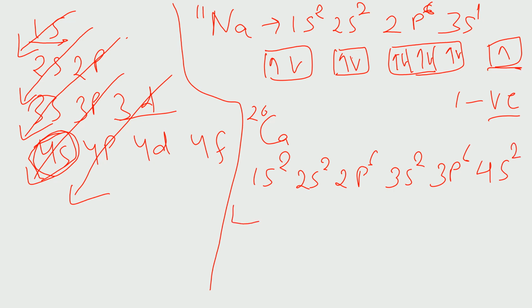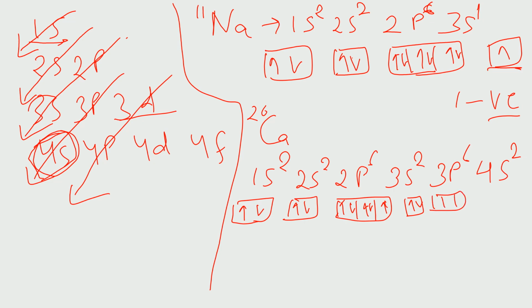This is the diagram: 1s², 2s², 2p⁶, first we half fill it, then the remaining electrons come. 3s², 3p⁶, and 4s².